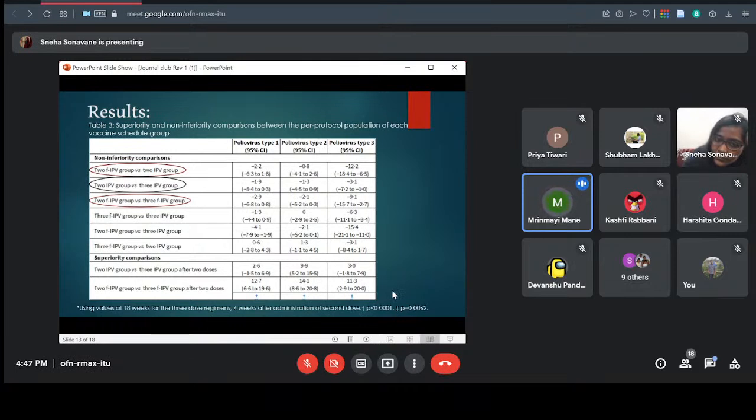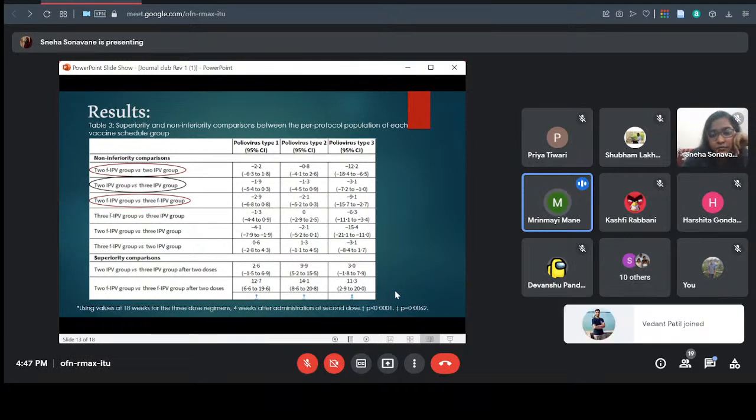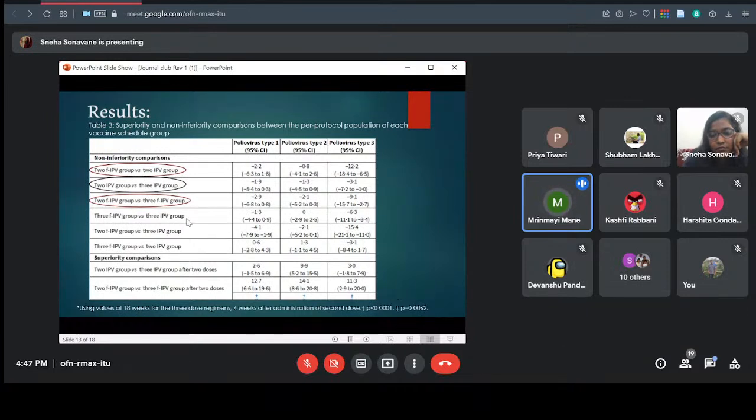Similarly, the 2 fractional IPV group versus 3 fractional IPV group showed non-inferiority for poliovirus type 1 and poliovirus type 2. But when we look at the 2 IPV group versus 3 IPV group, which is marked with black circle, it showed non-inferiority for all 3 virus types. And the rest of the non-inferiority comparisons were exploratory and they were not significant.